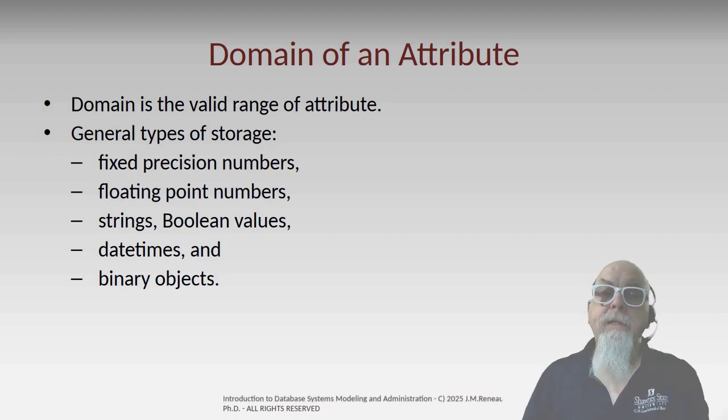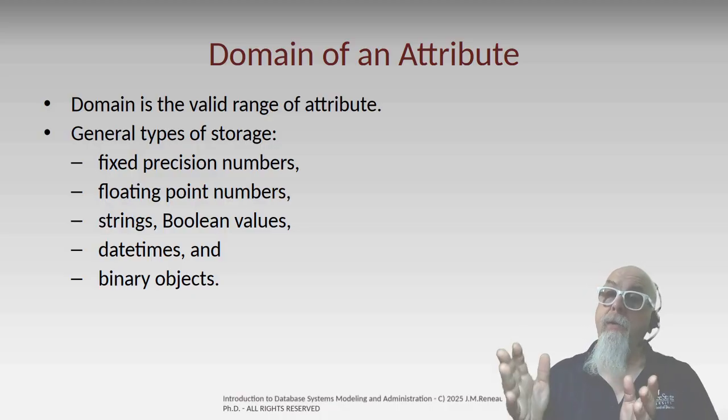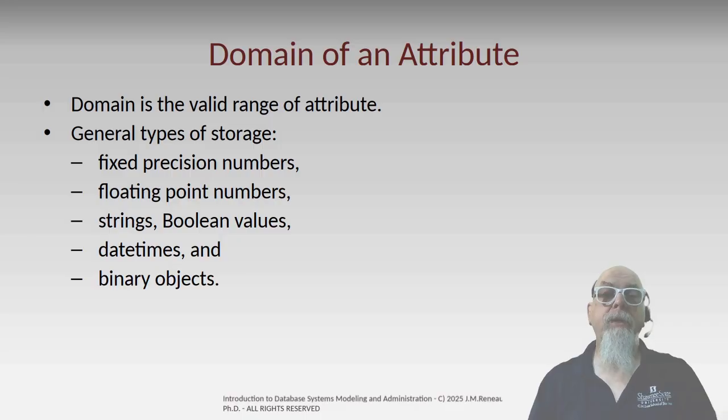In the introductory slide, I said that attributes have a domain, or a valid range of values. When we're defining the domain of an attribute, we look at the business rules or the needs of our clients to figure out what the valid range is.